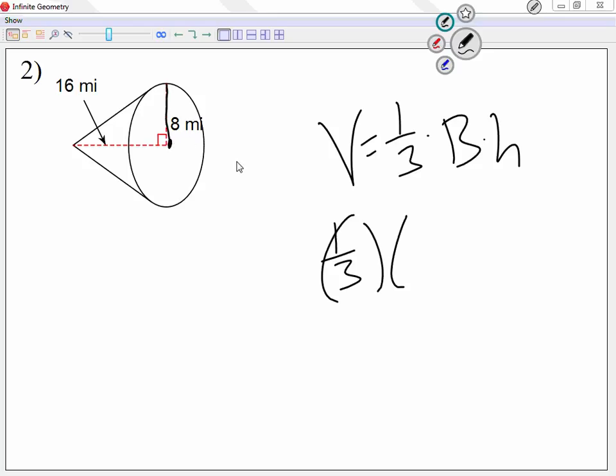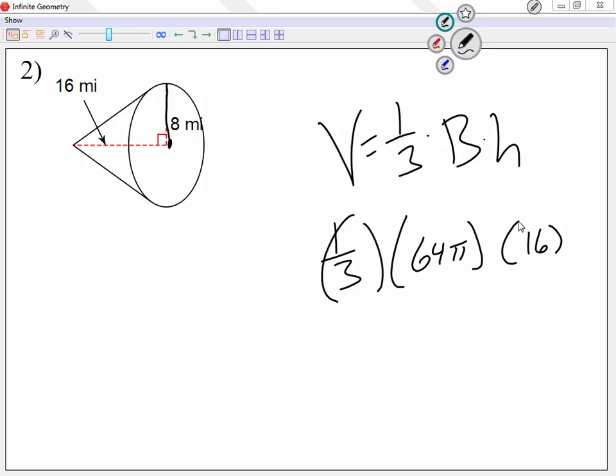The radius is 8, so I'm going to call this 64 pi. It's 8 squared. That's how I got the 64. Right? The area of a circle is radius squared, pi. So 64 pi. And then the height is 16. And if you stand it on the circle, the height is 16. So we're going to go 1 third, so 1 divided by 3 times 64 times 16.